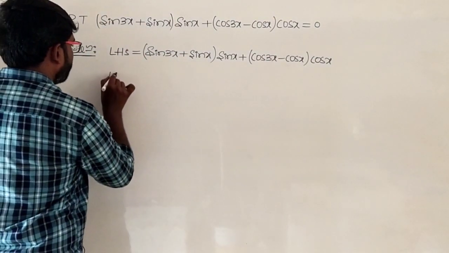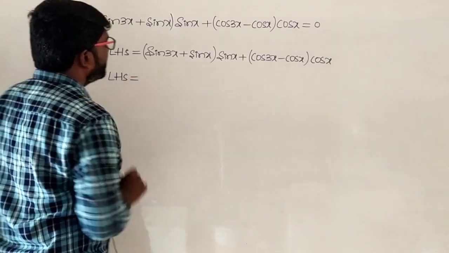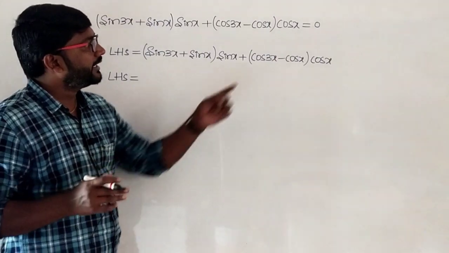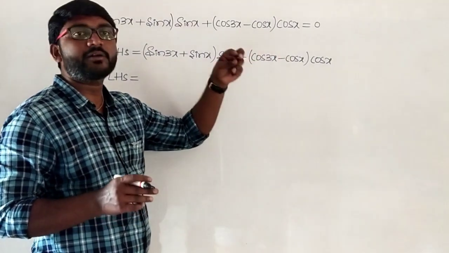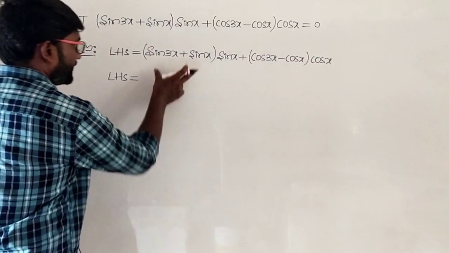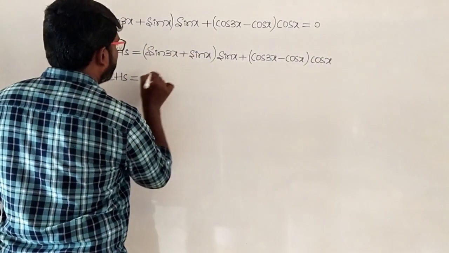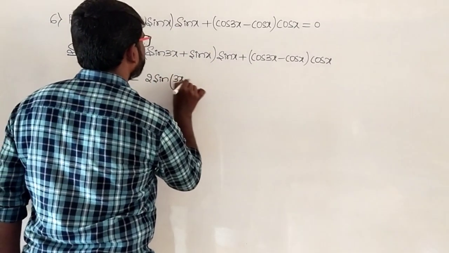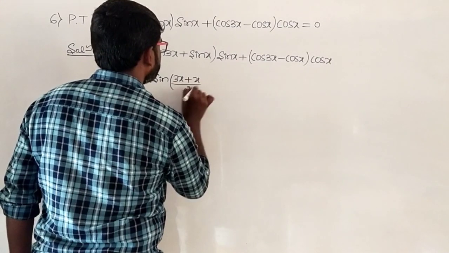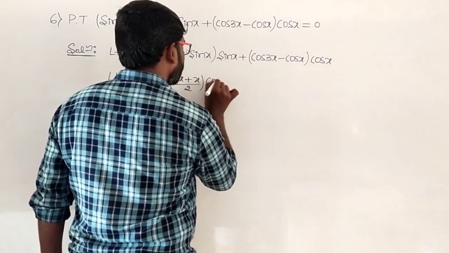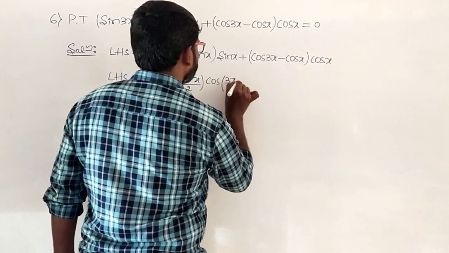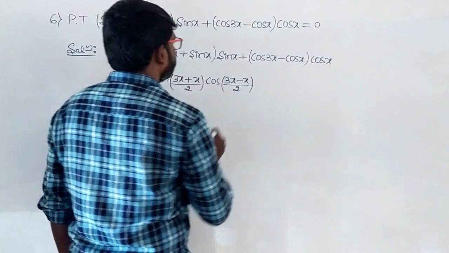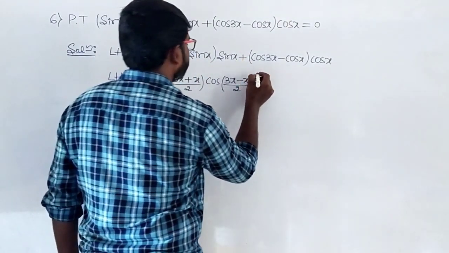Now for the LHS, we have to apply the sin C plus sin D formula, and here we have to apply the cos C minus cos D formula. So sin x plus sin y will be 2 sin of (x plus y) by 2, that is 3x plus x divided by 2, then into cos of (3x minus x) divided by 2, and this sin x must be written as it is.